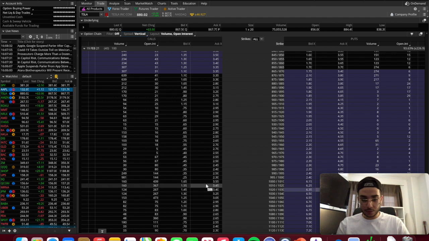So if you go on this row, you'll see the 1,000 and 1,010 strike has more open interest, 439. How much would you be risking? It's somewhere between 165 to 355. If you click somewhere in between the bid and ask of the spread, you would probably pay around 250.